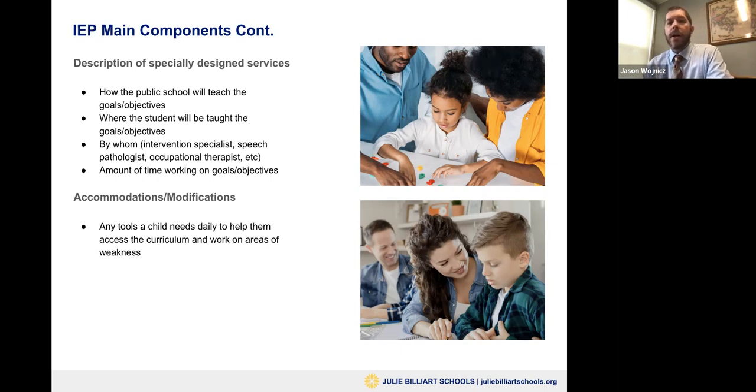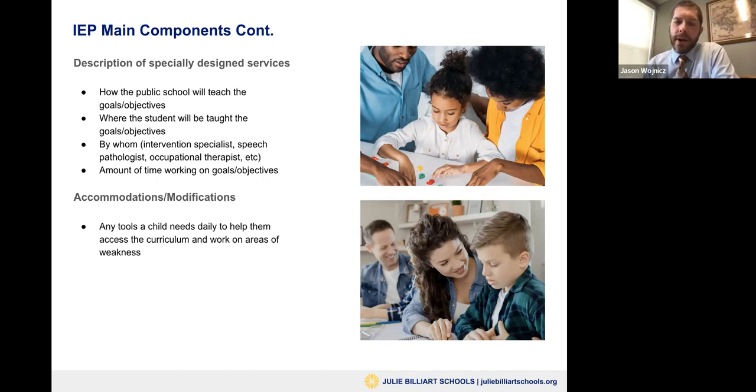And then we get to accommodations and modifications. Again, it's on here because it's another very critical component of the IEP. Accommodations and modifications are 2 very different things. Accommodations are things that a child is going to need to have in place to have access to their instruction, to their material, to their programming. Accommodations, for an example, could be extended time.